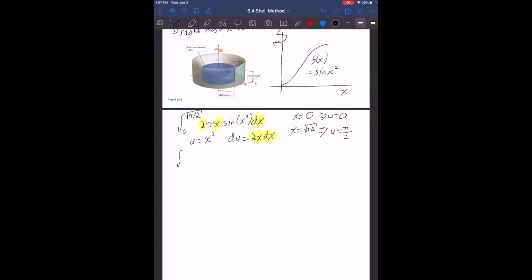Okay, so setting back up this integral, we now have the integral from 0 to pi over 2. The 2x dx goes away into the du, so we are just left with pi sine of u du, right? Much better than the square root of the inverse sine.